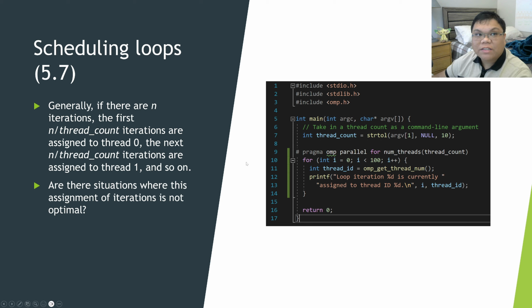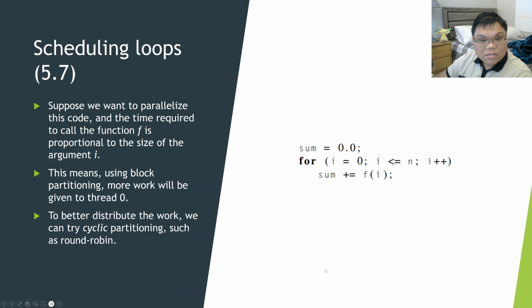If you have a situation where, say, the first couple of for loop iterations are easier to execute, say they take less time, then you might want to consider different schedulings. Here's an example.